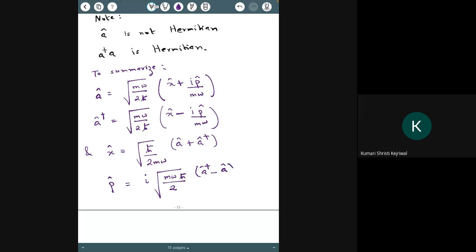So from 1 and 2, you can solve for x and p in a simultaneous equation manner, and you get 3 and 4.